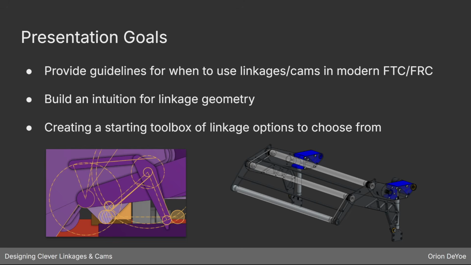Originally, this presentation was quite a bit longer and had a lot more information about cams in it, but it got very long very quickly. There's already a lot of slides here, so we're going to be focusing mostly on linkages when we get into the details. And then we're going to be building a starting toolbox of some examples of different types of linkages and what you could use them for.